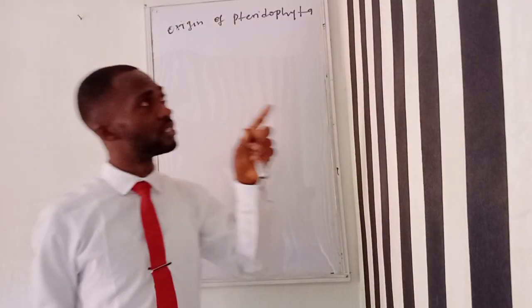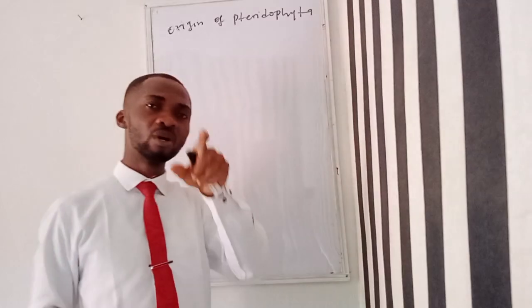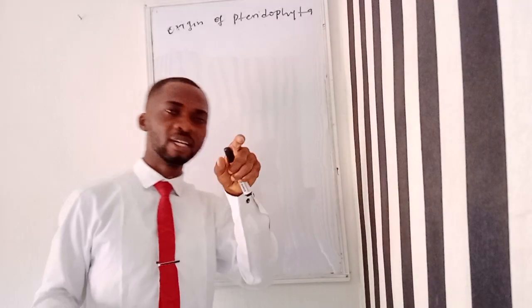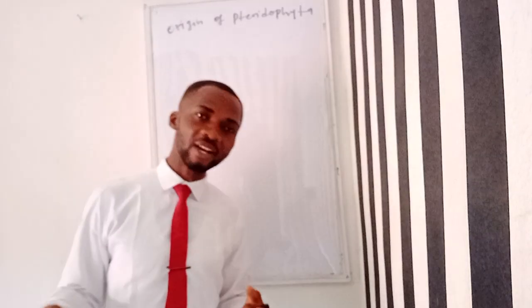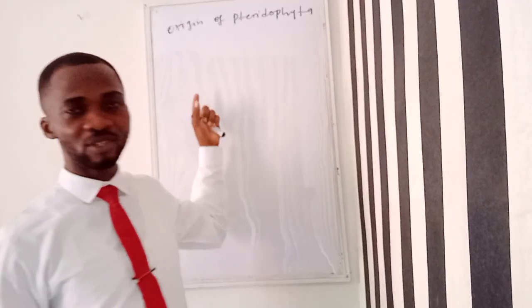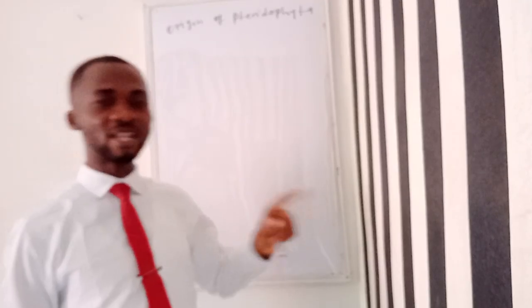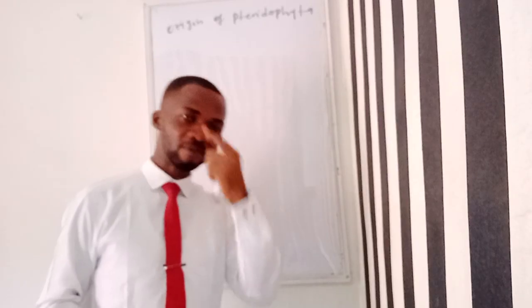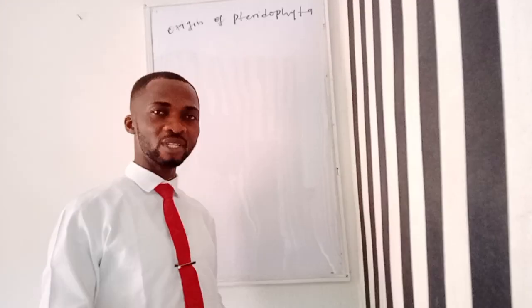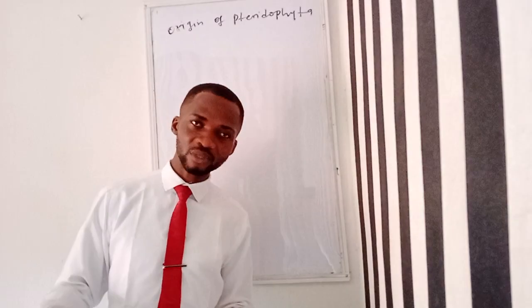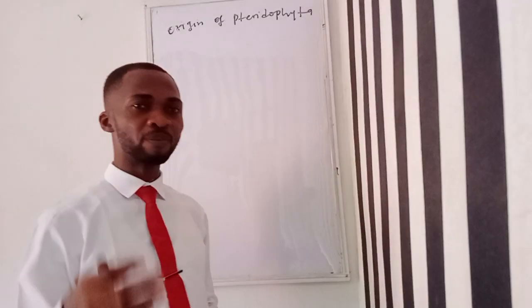So the most primitive group of Pteridophyta that was found within this Paleozoic era is the one we call the Psilophytes. Don't forget that Psilophytes is the order found within the Psilotopsida, which is the first class of Pteridophyta.